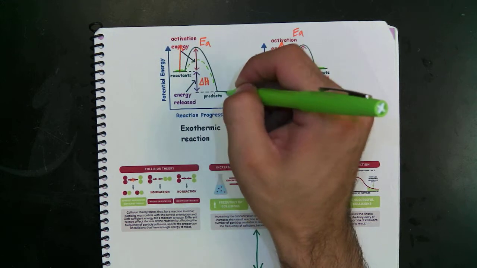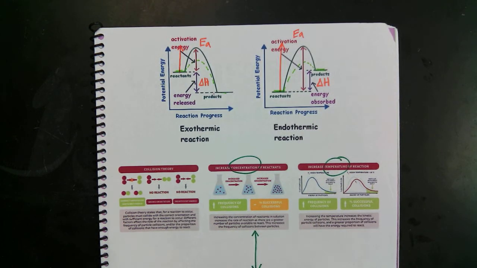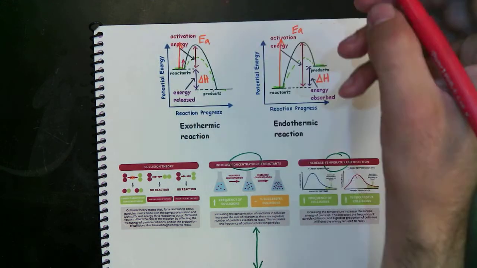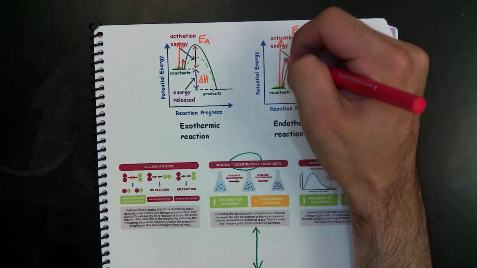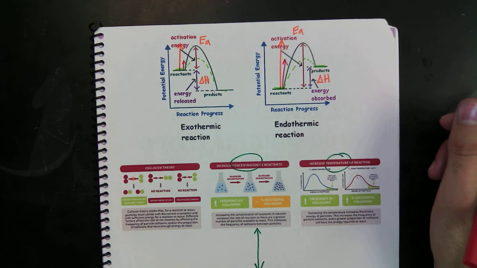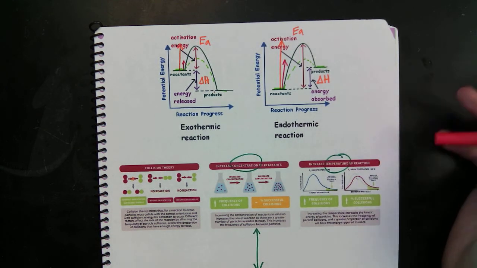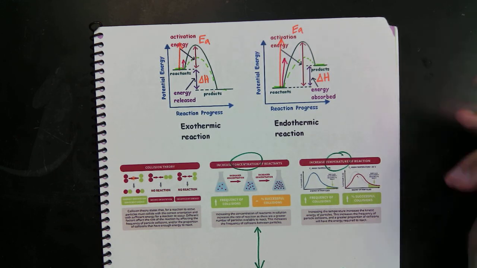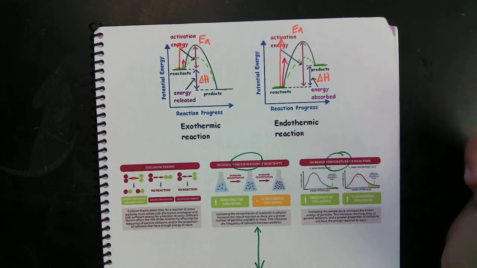It's not changing the energy they have. It's just changing how much energy the reactants would have to absorb. So here's the activation energy now for the catalyst in the red line. You can see it's significantly lower, and that's the reason why catalysts would increase the rate of the reaction. By decreasing the activation energy, the reactants don't have to absorb as much energy to start their reaction.